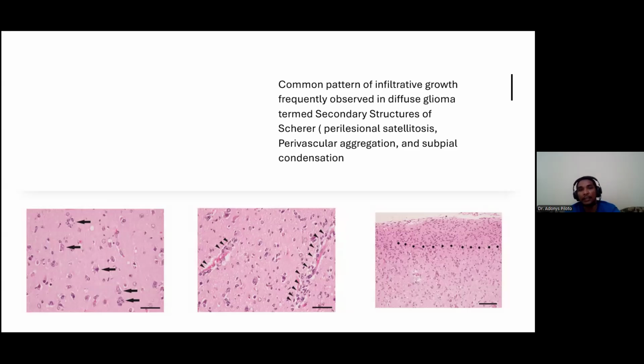Histologically, the common pattern of infiltrative growth frequently observed in diffuse glioma, termed secondary structures of Scherer, includes perineuronal satellitosis and perivascular aggregation, the second image here, and the subpial condensation seen in the third image.